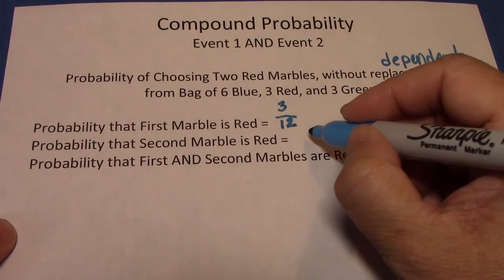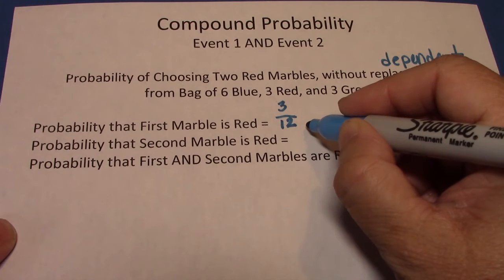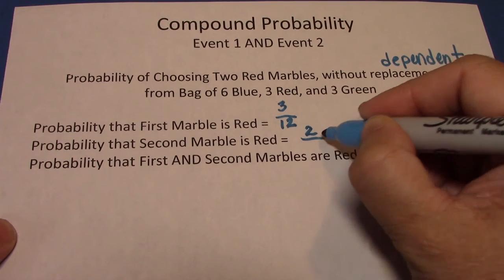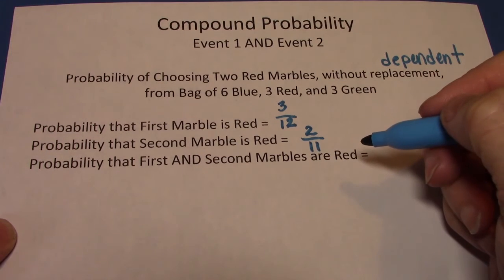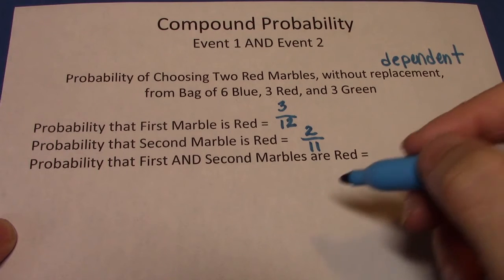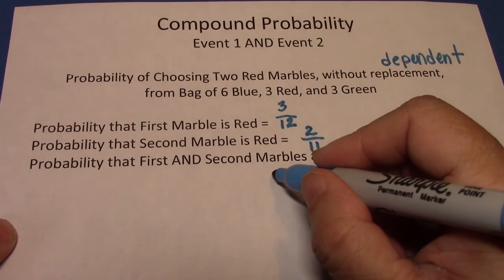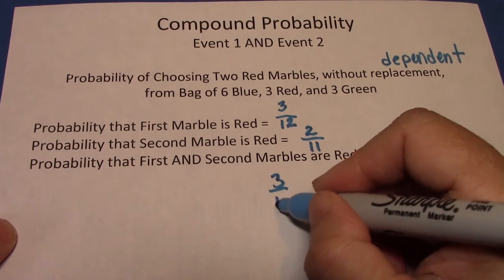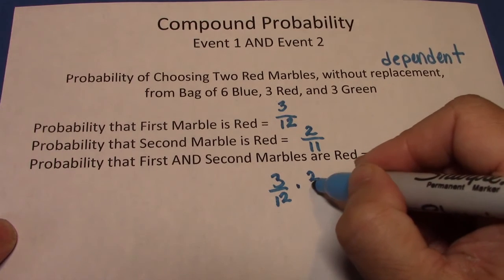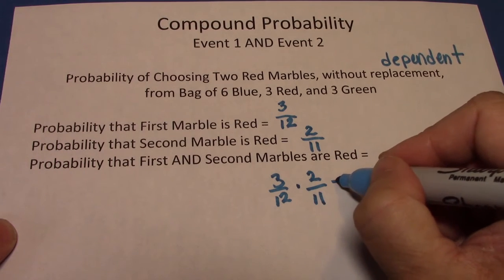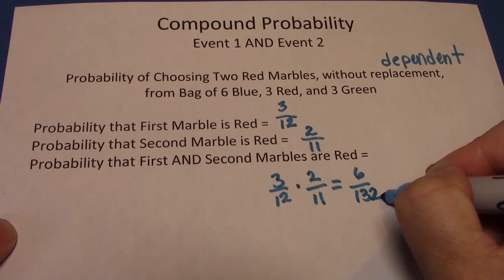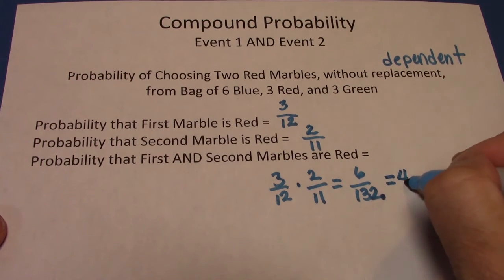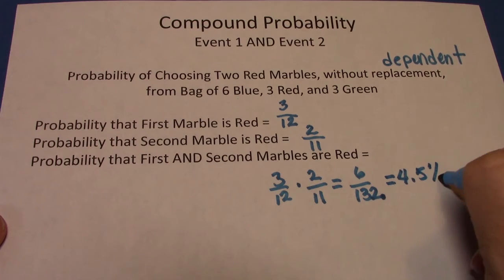So the second time we pull, there are only going to be 2 red marbles left and 11 total left. So the probability that the first and second will be red is 3/12 times 2/11. And that is 6 out of 132, or converted to a percent, 4.5%.